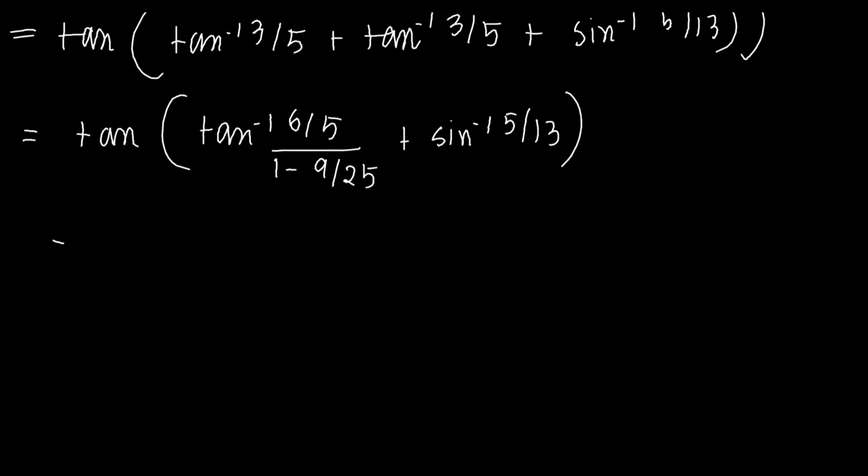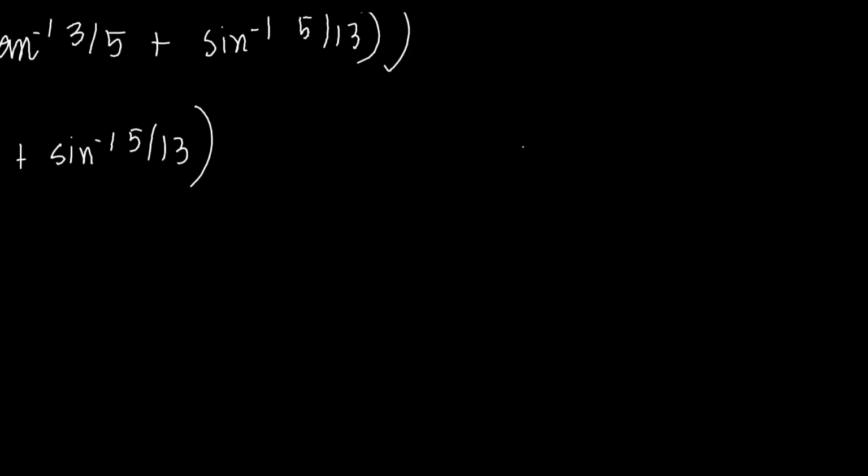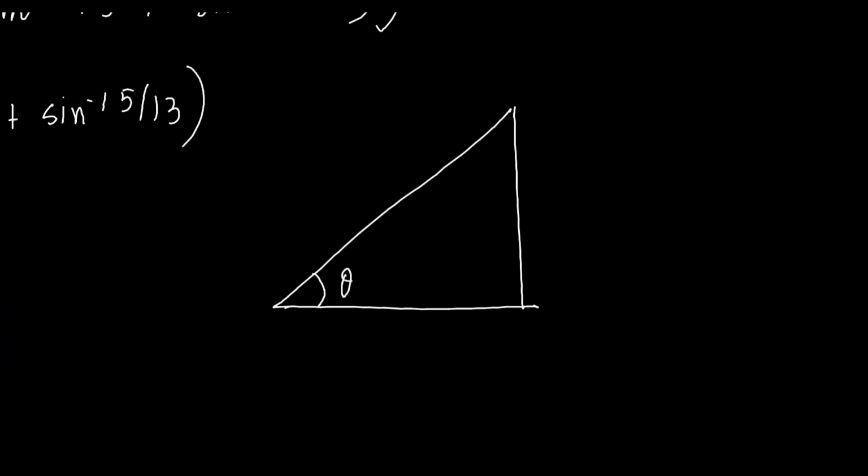So we can write tan of tan inverse of this one, which is 5 by 12 we are getting, plus sine inverse of 5 by 30. Now both are positive numbers, so in place of sine we can express this in another ratio, that is, we can express this in tan. So suppose this is theta.